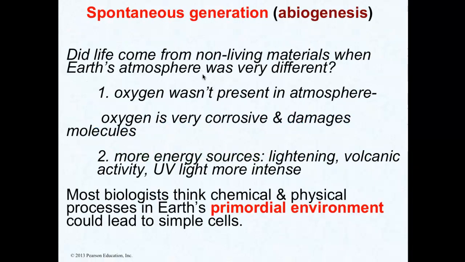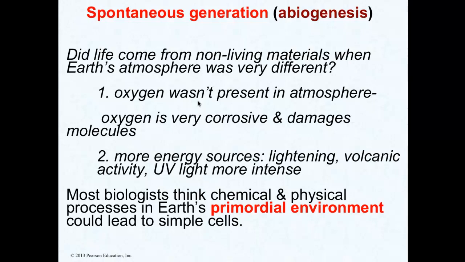So abiogenesis, right? Did life come from non-living materials when the Earth's atmosphere was very different? So we know that oxygen wasn't present in the atmosphere. Oxygen is actually very corrosive and damages molecules. And this is the reason why we want to take antioxidants.